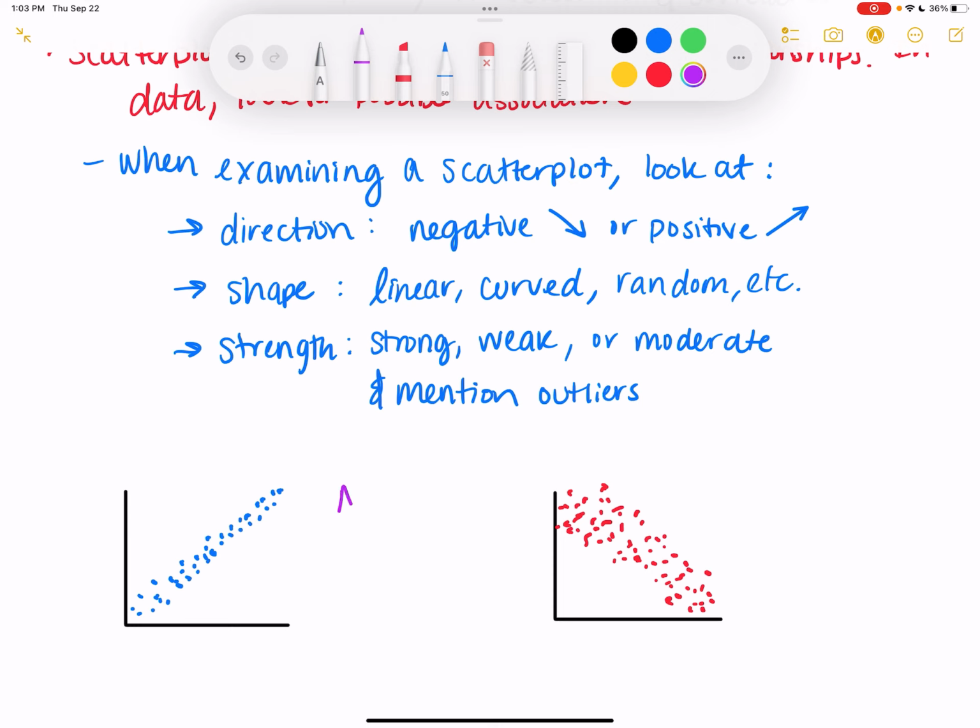It is a more specific definition in stats than the general meaning of correlation.